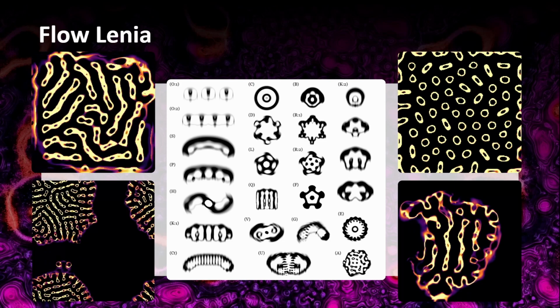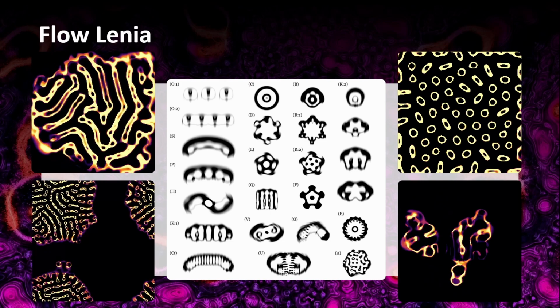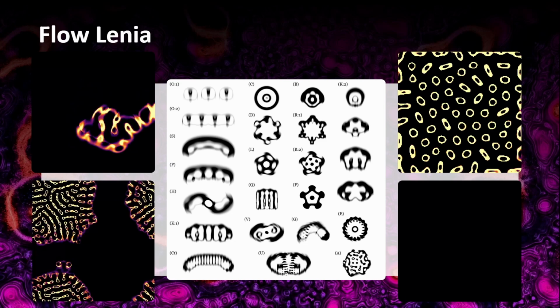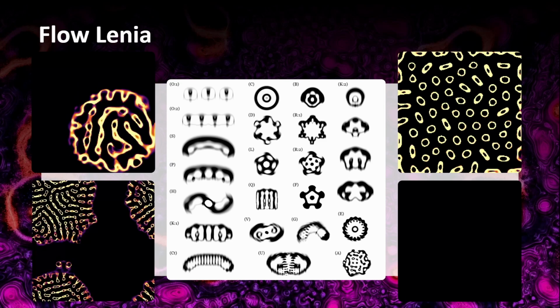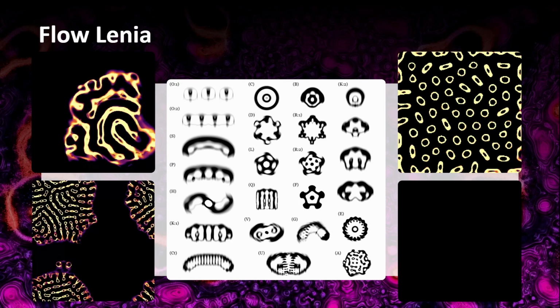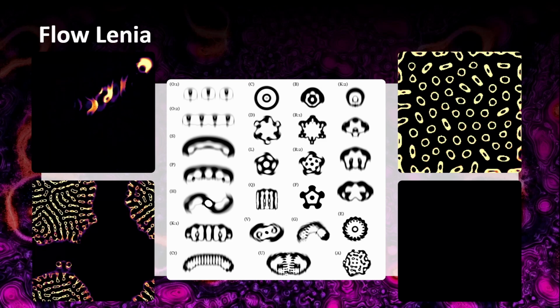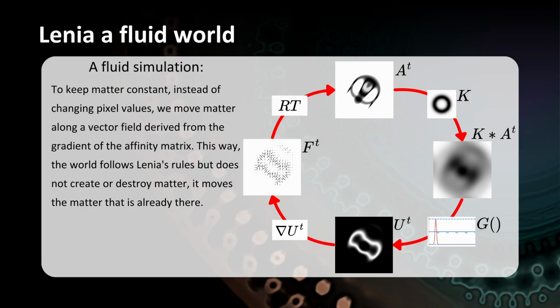Bert Wang-Chak Chan identified the structures called solitons that emerge when using certain combinations of convolution masks and growth functions, and that manage to maintain their shape without collapsing or expanding uncontrollably. To prevent matter from changing so radically, my tool uses a version of Lenia called Flow Lenia.